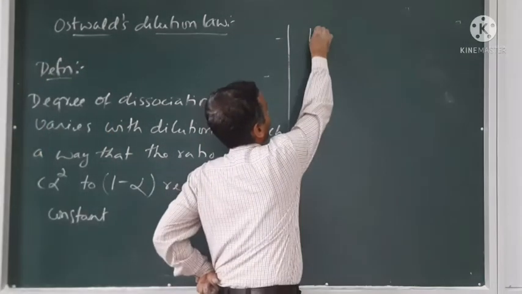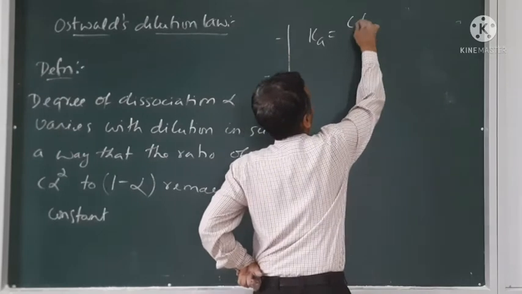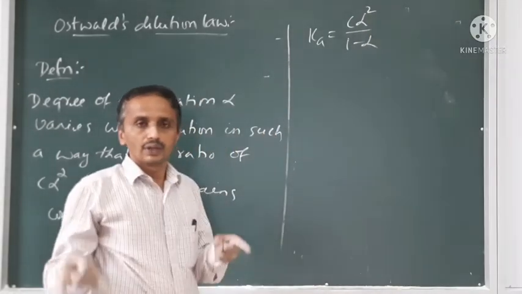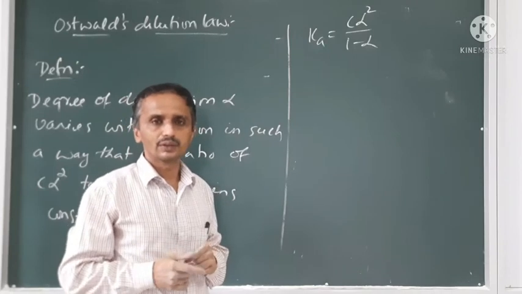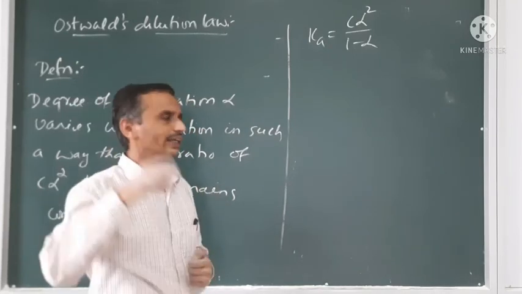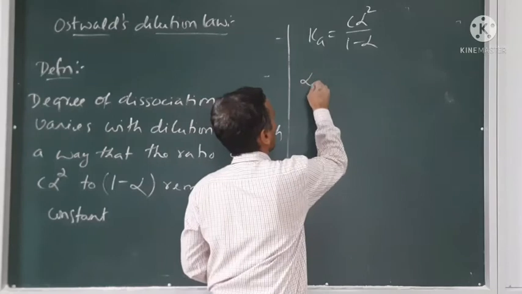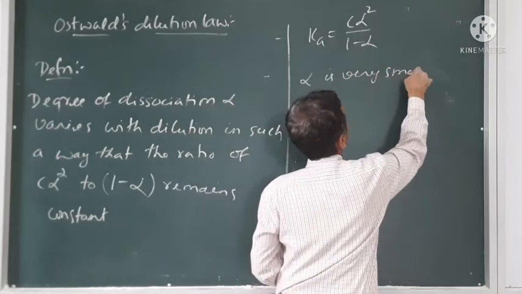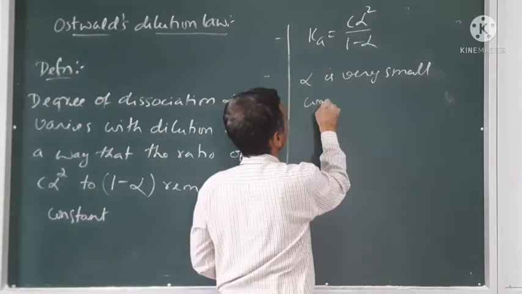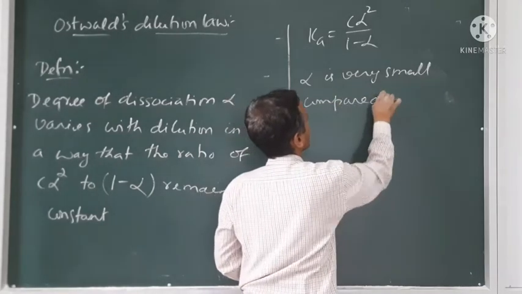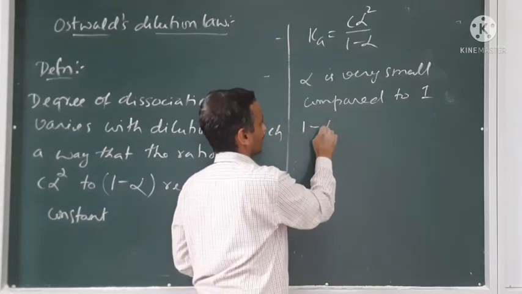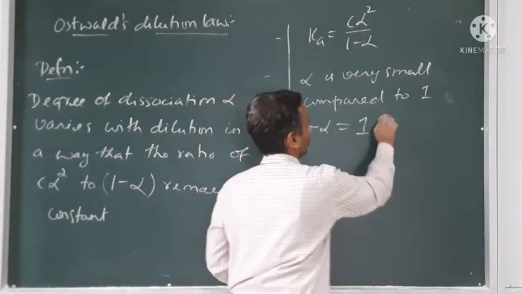Here, I have a question. K is equal to C alpha square divided by 1 minus alpha. A weak acid means one which ionizes to a very small extent, meaning alpha is very small compared to 1. So what can I do? 1 minus alpha can be taken as 1 only.